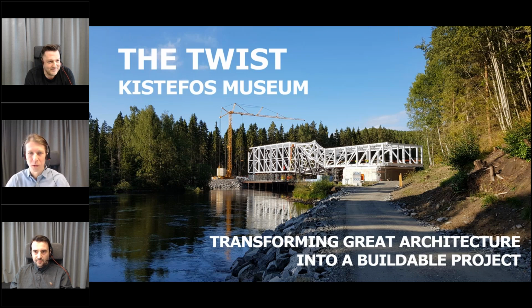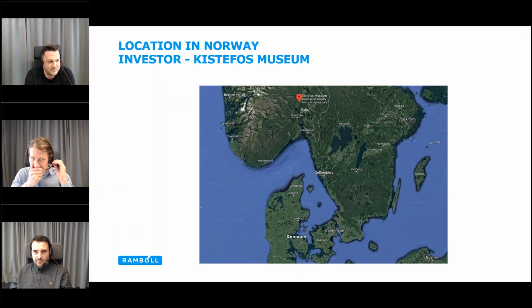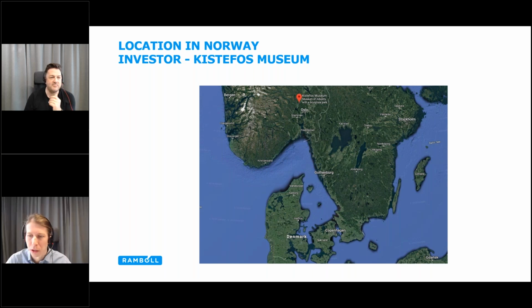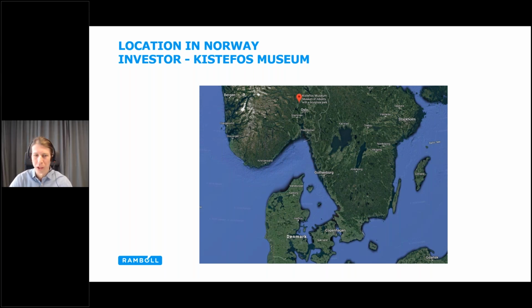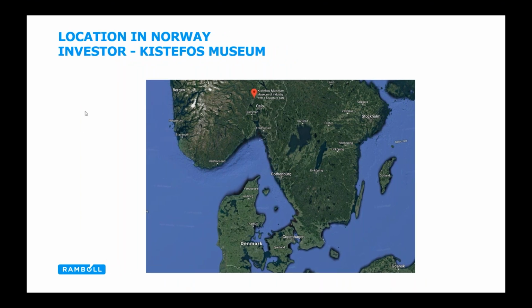So this is about the Twist Museum in Kistefos. Kistefos is a place in Norway to the north of Oslo, the capital. And it is a natural beauty sculpture park and a museum at once. So we know the location, and the investor here was indeed the museum itself.